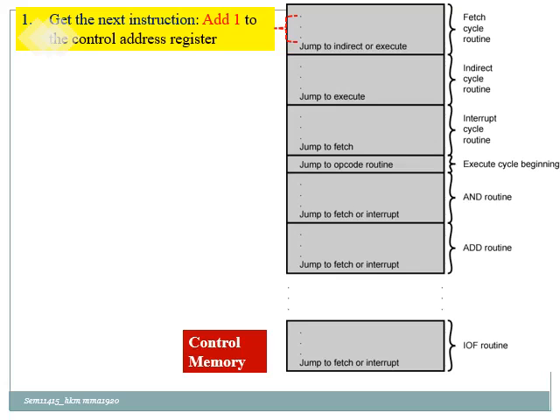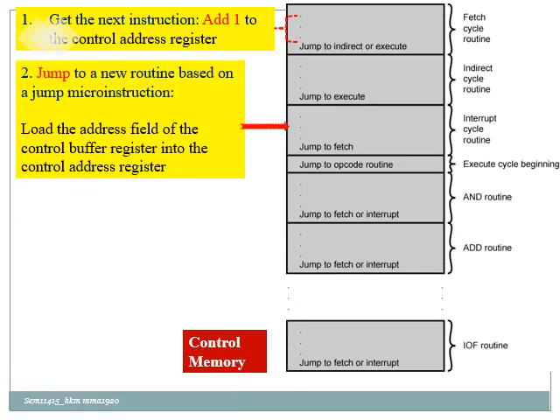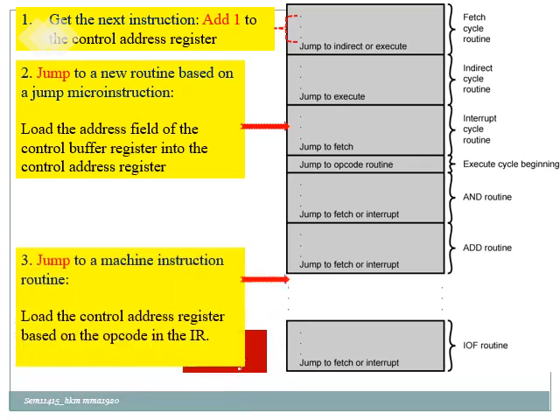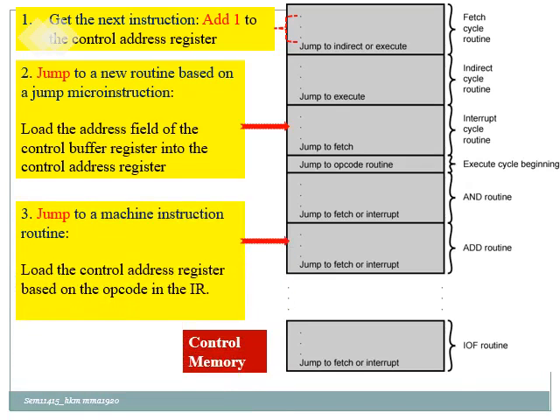Or maybe you're at the end of that routine and you jump to a new routine based on whatever the jump micro instruction says. So maybe from fetch, you go to the interrupt cycle. And third, it can also jump to a machine instruction routine. That means to the execute cycle, and follow what the opcode is.